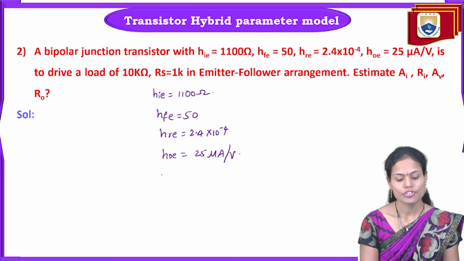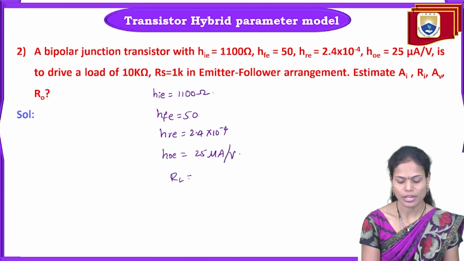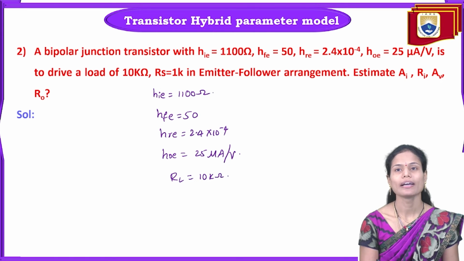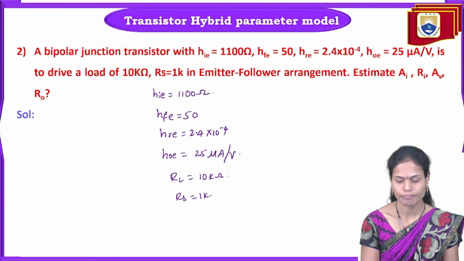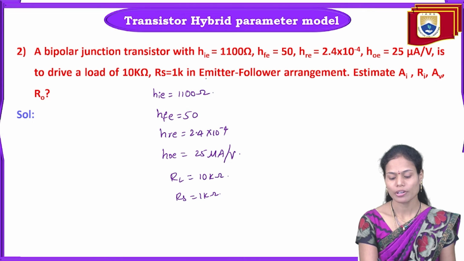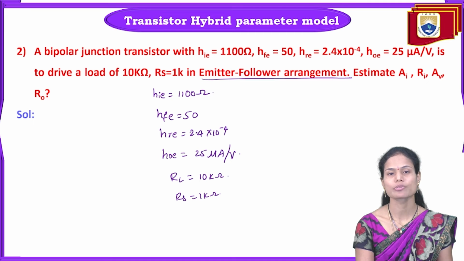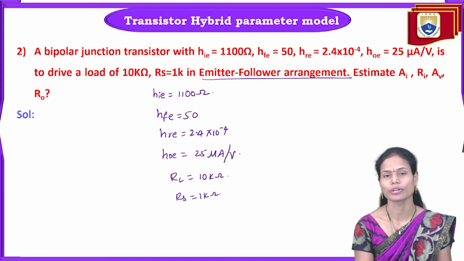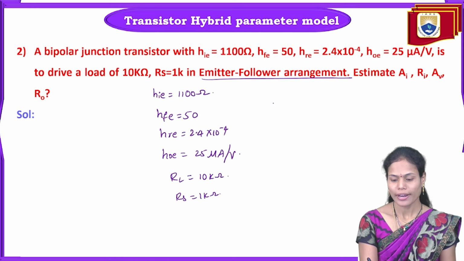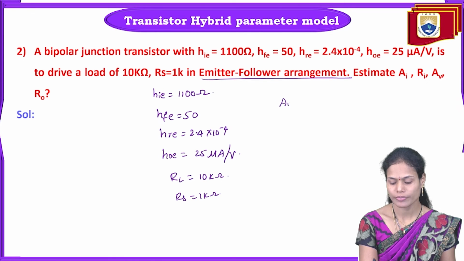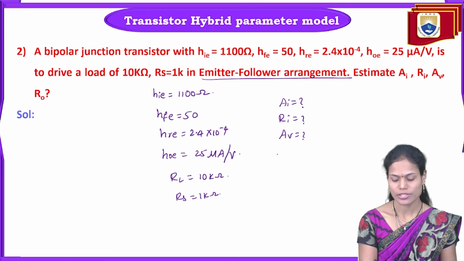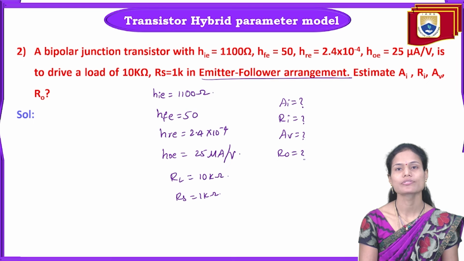This is to drive a load resistance RL equal to 10 kilo ohms, and the source resistance is 1 kilo ohm, in an emitter follower arrangement. Emitter follower is nothing but the common collector configuration, because the output terminal is the emitter terminal. Here we need to find the current gain, input impedance, voltage gain, as well as the output impedance of the given emitter follower circuit or common collector amplifier.